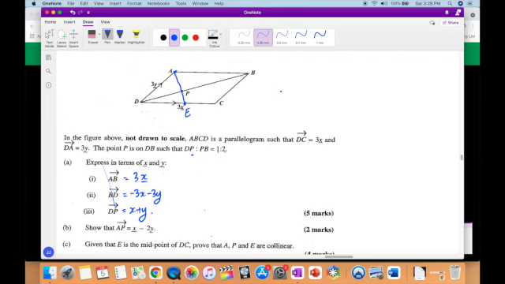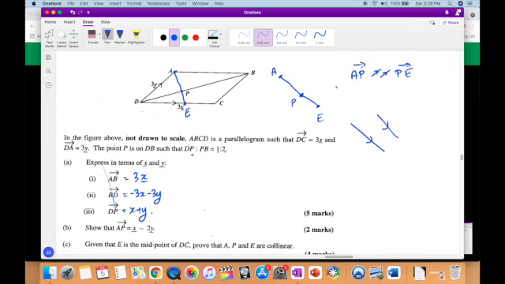Remember, to show that they're collinear, you do it the same way that you show that they're parallel. And find a multiple. Let me just say you have AP and PE. If you could prove that AP is parallel to PE, well, then that is great.